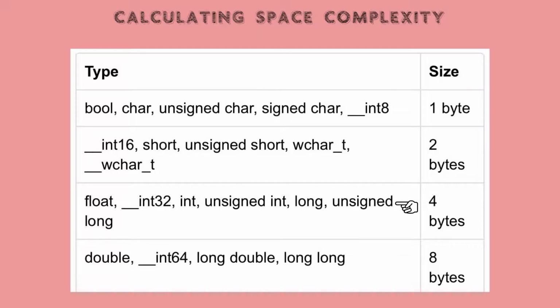Float, integer 32, integer, unsigned integer, long, and unsigned long is equal to the size of 4 bytes. Lastly, double, integer 64, long double, and long long is equal to the size of 8 bytes.